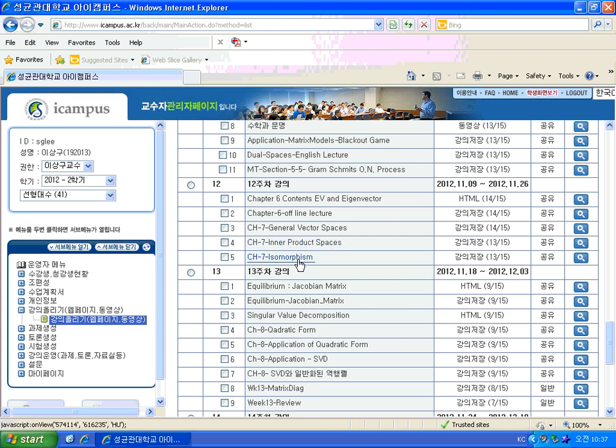And the isomorphism section covers that if you find an isomorphism between two vector spaces, then we call those isomorphic. If those are isomorphic, then it preserves the vector addition and scalar multiplication. That means most of the proofs that you have had can be applied in any isomorphic vector spaces.